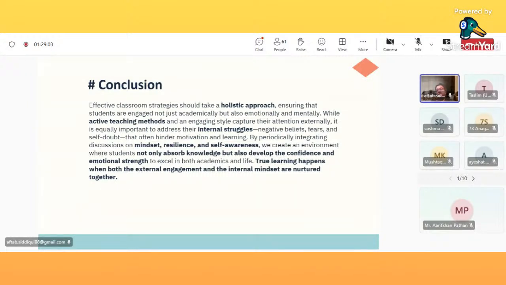While active teaching methods and an engaging style capture attention externally, it is equally important to address their internal struggles also: their negative beliefs, their fears, and their self-doubt. So internally and externally, if you take a holistic approach in your classroom management, then it will help the students in their growth and success.